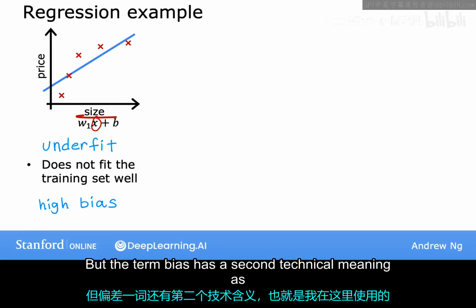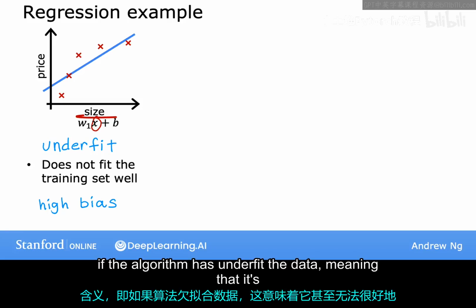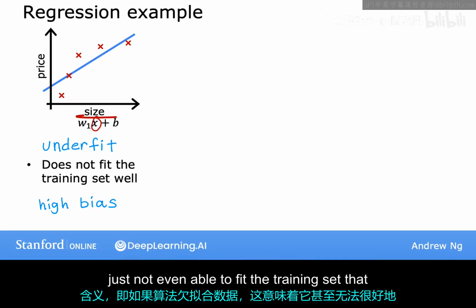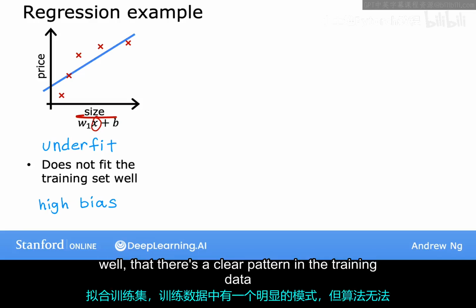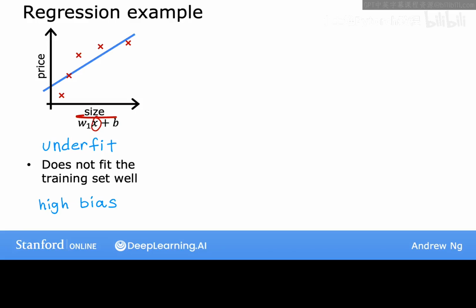But the term bias has a second technical meaning as well, which is the one I'm using here, which is if the algorithm has underfit the data, meaning that it's just not even able to fit the training set that well. That there's a clear pattern in the training data that the algorithm is just unable to capture.